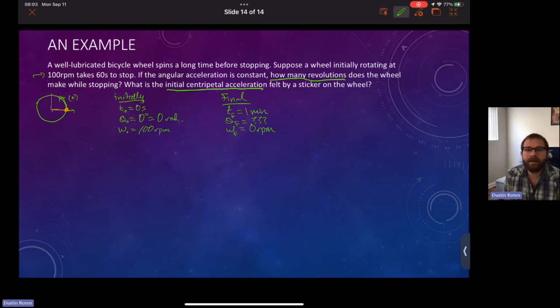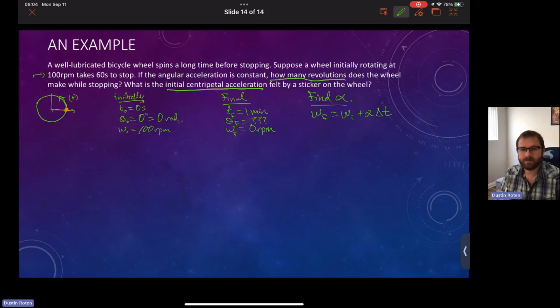Okay, well, it would help if I knew what the angular acceleration is. If I could find the angular acceleration, I could actually start using some of these circular kinematic equations. So let's see if I can find alpha. Well, acceleration is constant because it says in the problem that we can assume that the acceleration is constant and negative. So what I could do is use one of my kinematic equations here.